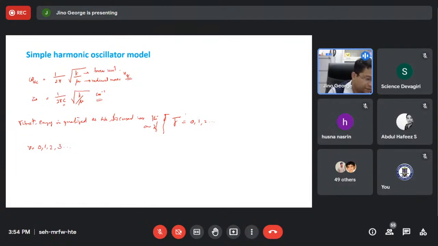You will study this when you come to the quantum mechanics course, in the third semester, fifth semester, as your sir suggested.